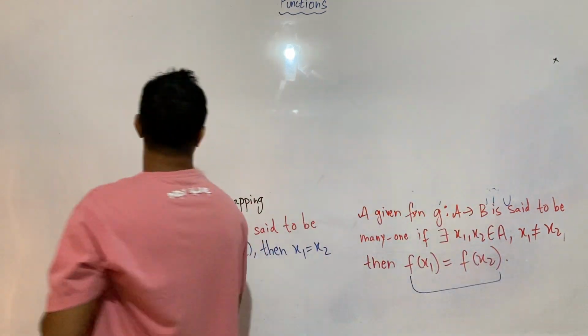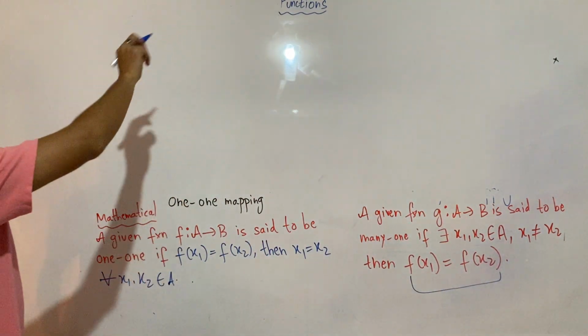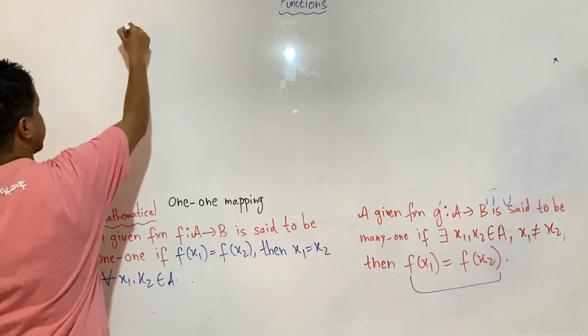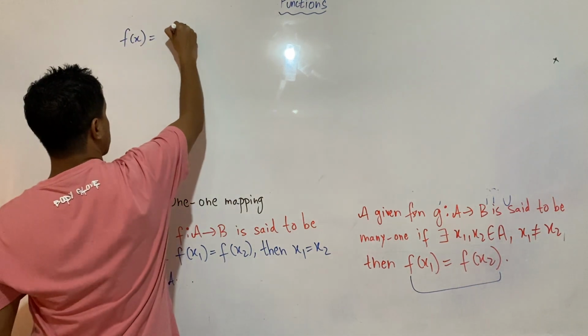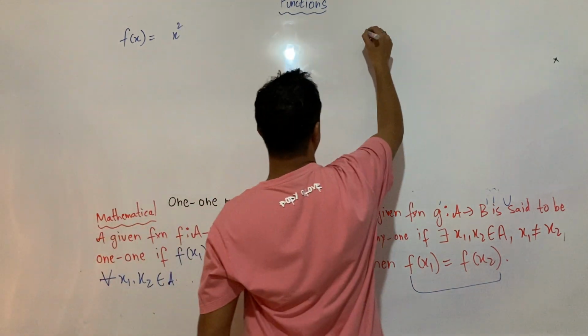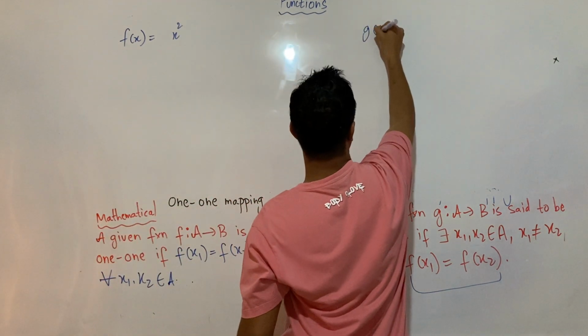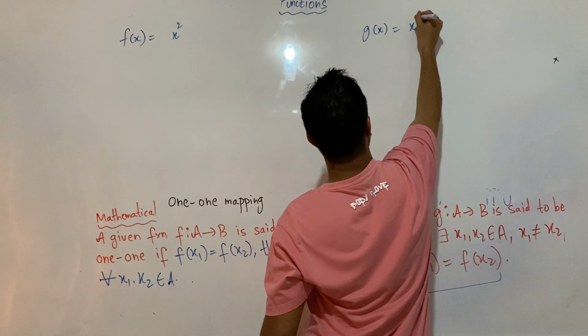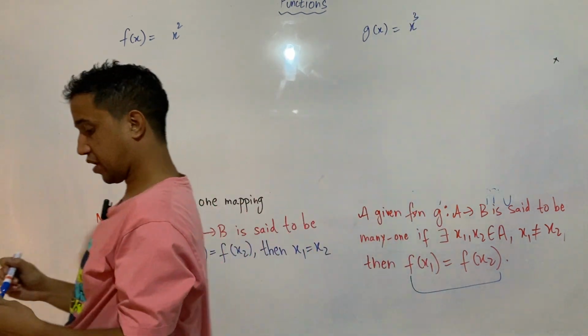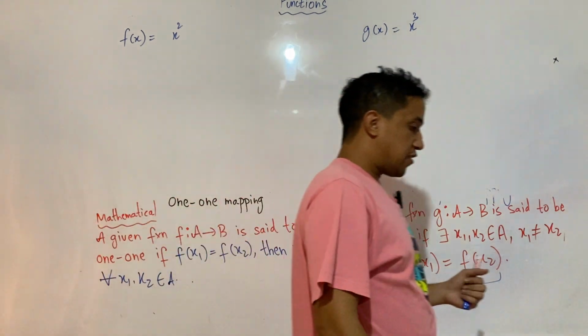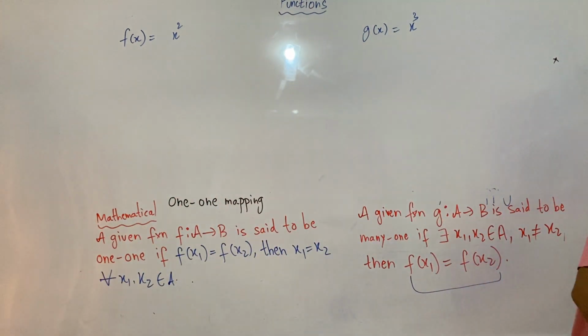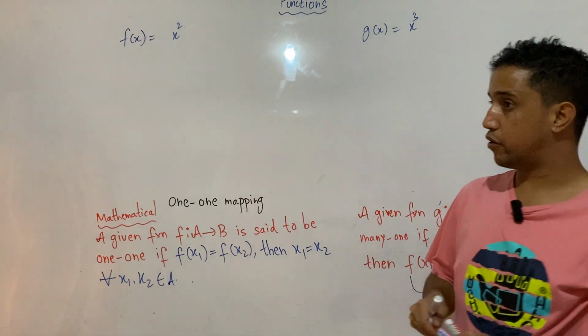Okay, now let's take an example. Here I have f of x, which is x square, and here I have g of x, which is x cube. Now we'll try to find out if these functions are one-one or many-one.